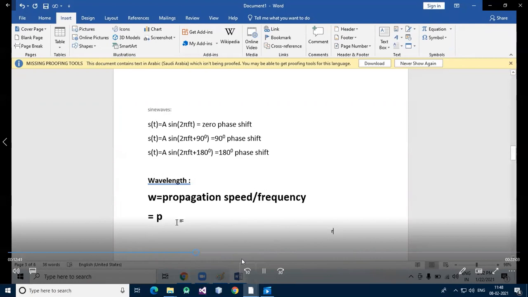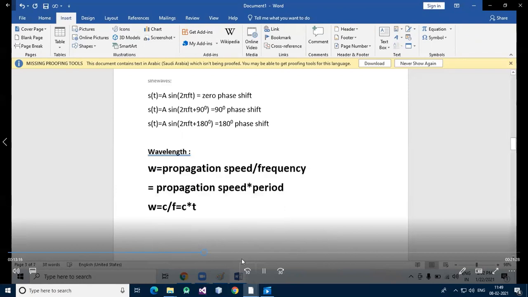Then it is equal to propagation speed into period. That is, you can say W or wavelength, lambda, equal to C upon F, which is equal to C into time.